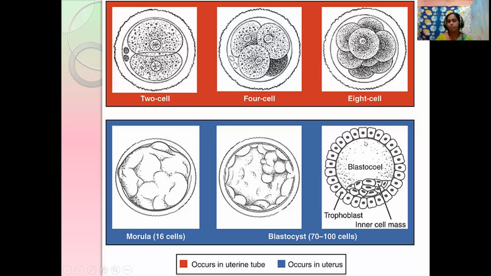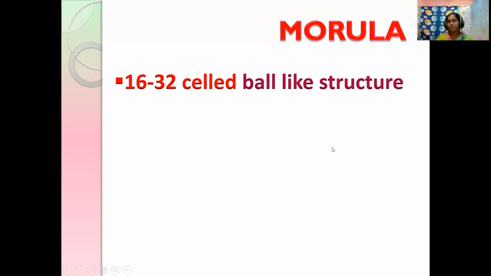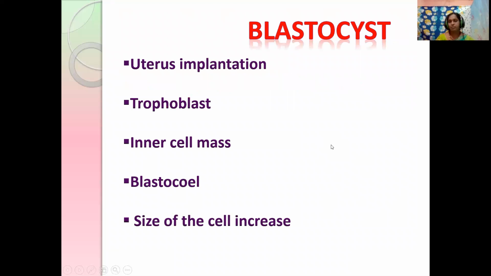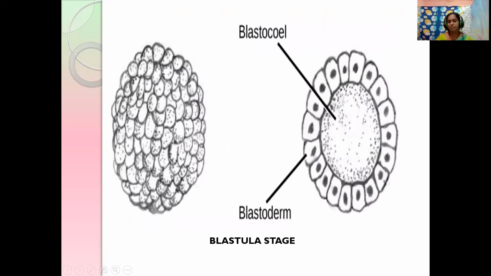Once again, I repeat, students: by cleavage it forms the morula, the morula to the blastula, and the blastula to the gastrula. The morula is a 16 to 32 celled ball-like structure, and next comes the blastocyst, with a trophoblast, inner cell mass, and the blastocoel cavity, and next comes the gastrula.